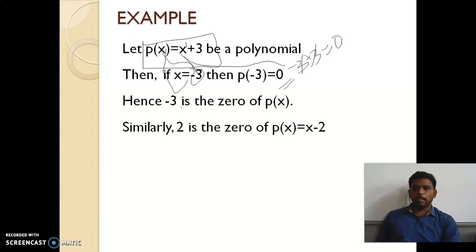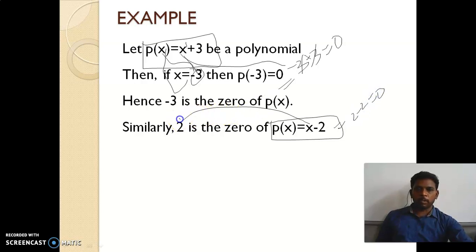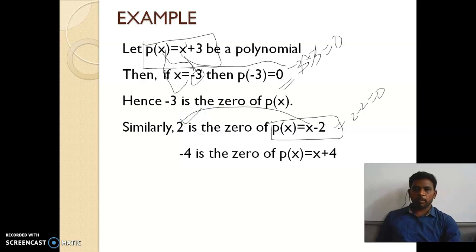Let us see the next example. Here p of x equals x minus 2. Which number do you have to replace instead of x to get 0 as the value? 2 only. With x equal to 2, 2 minus 2 becomes 0. Therefore, here 2 is the zero of the polynomial. And what about the next one?